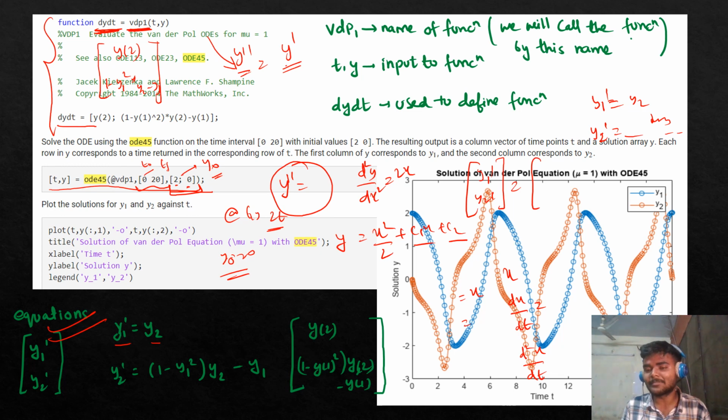What will we write for dx/dt? V, and this will be x. So what we defined as a dummy variable is v only. Let's suppose y1 is equal to x. So x dash will be what? V.